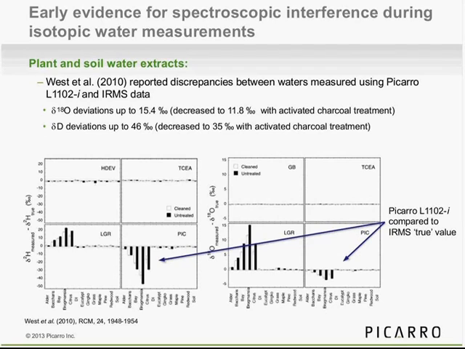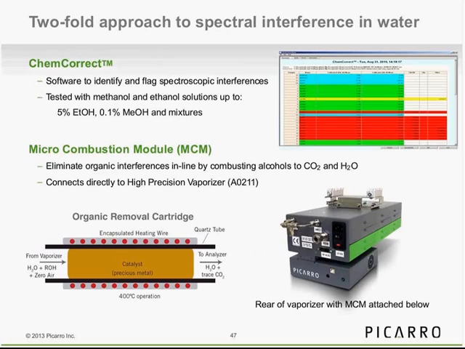So we all started putting our heads together to figure out how to deal with this, so that as a user, you don't need to be concerned that your sample might have an alcohol in it, and therefore that your isotopic values may not be representative of their true value.